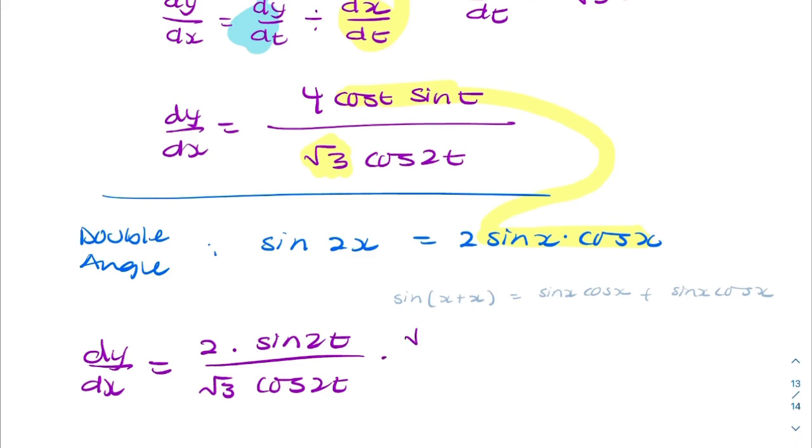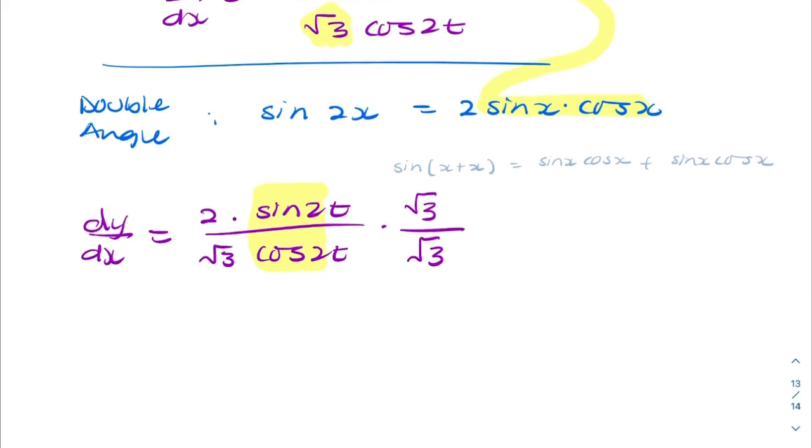And if I multiply that by root 3 over root 3, I'm allowed to do that because that's just equal to 1. I can now replace sine over cosine with tan. Okay, so that's just tan. And the square root of 3 multiplied by square root of 3 just gives you 3.